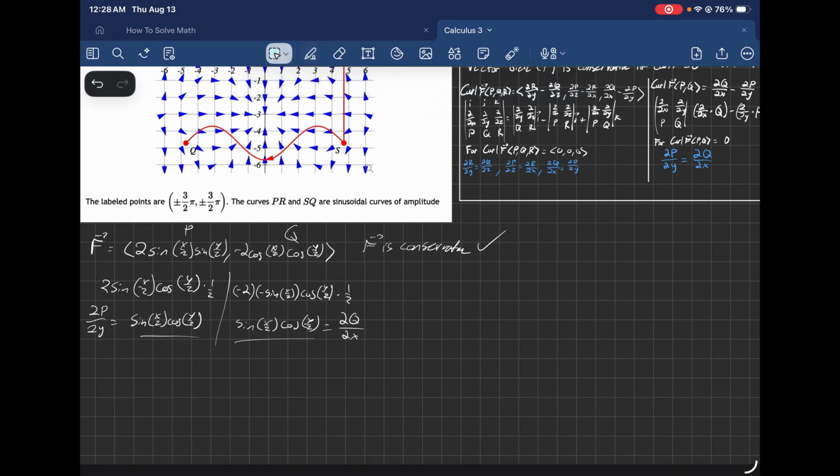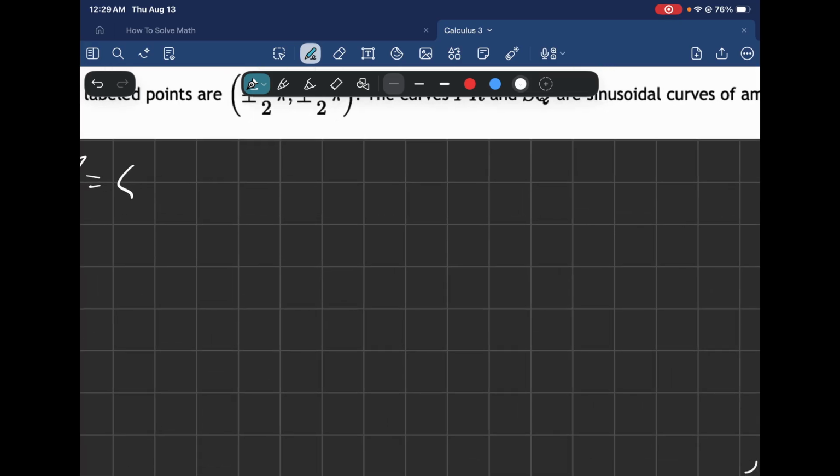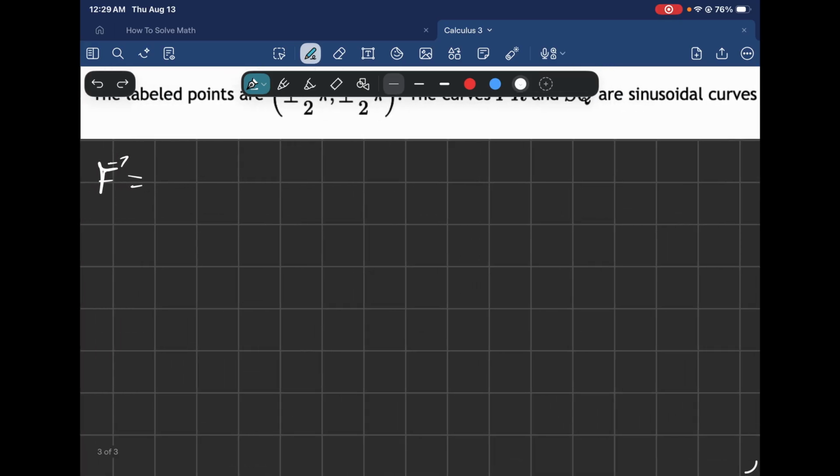Let me make this smaller, move it to the side so that I have some more space. Knowing that our vector field is conservative and that F is just equal to the gradient of our potential function f, and that this is just f sub x, f sub y.